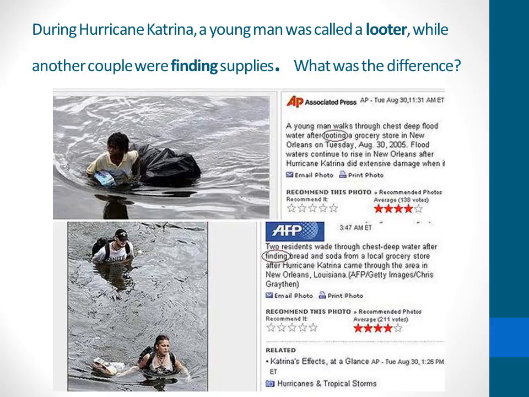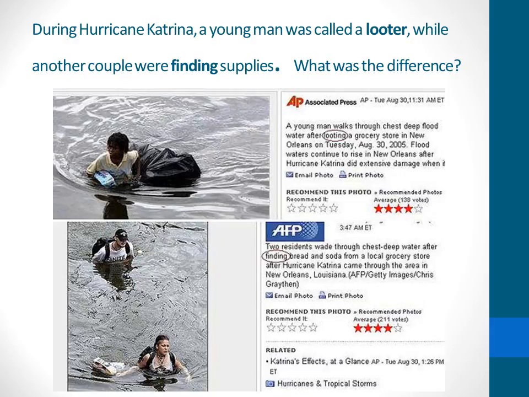This is another example. Ten years ago, or more than that now, during Hurricane Katrina, a young man was called a looter while another couple were finding supplies. And what was the difference? Well, as Kanye West said, the young black man was called the looter and the white couple were called the finders.